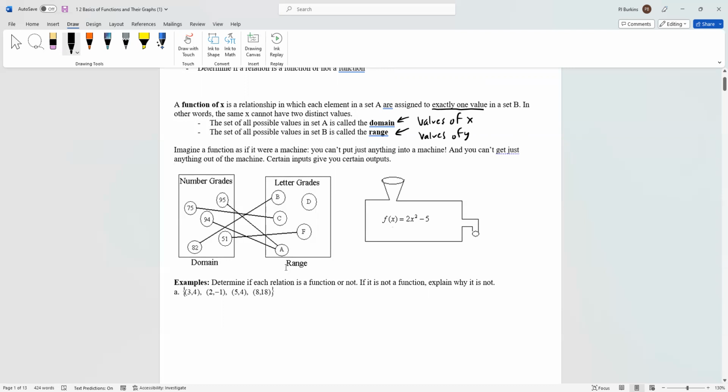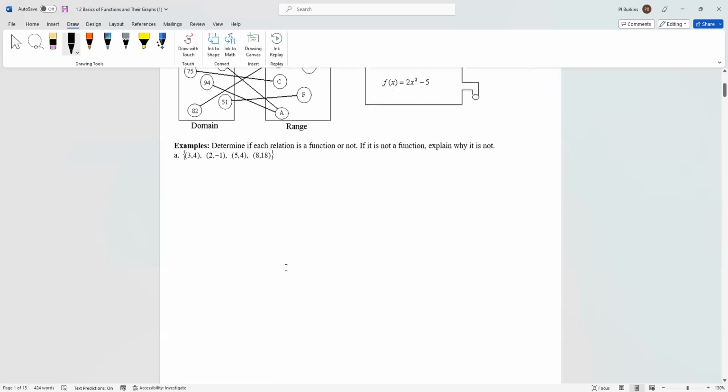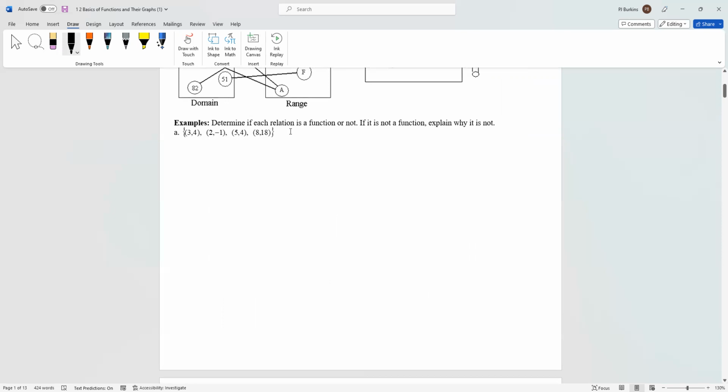All right. So let's take a look at these first couple examples. It says determine if each relation is a function or not. If it's not a function, say why. Okay. So we have ordered pairs. We know that those are sets of x and y. Let's separate them just like above into two sections. So let's call this x, and in set x, we have 3, 2, 5, and 8.